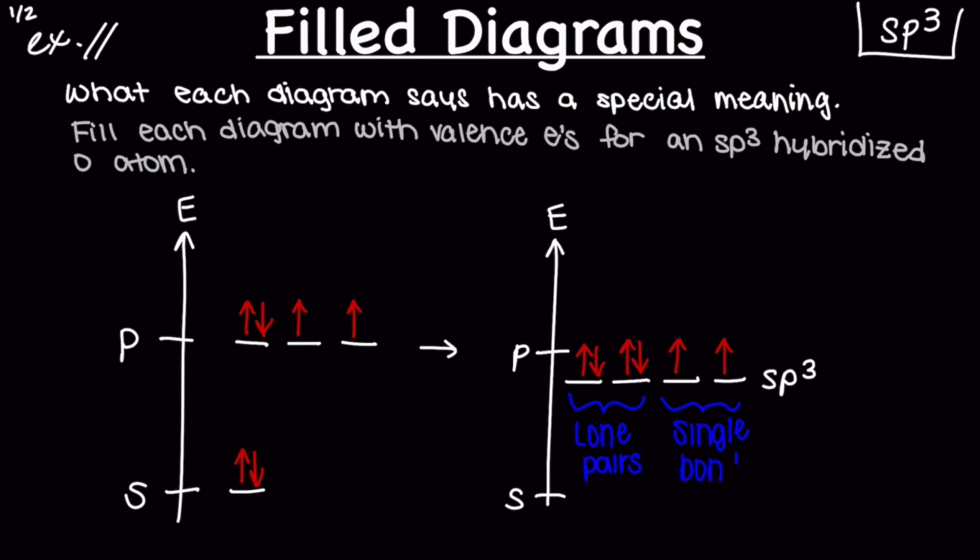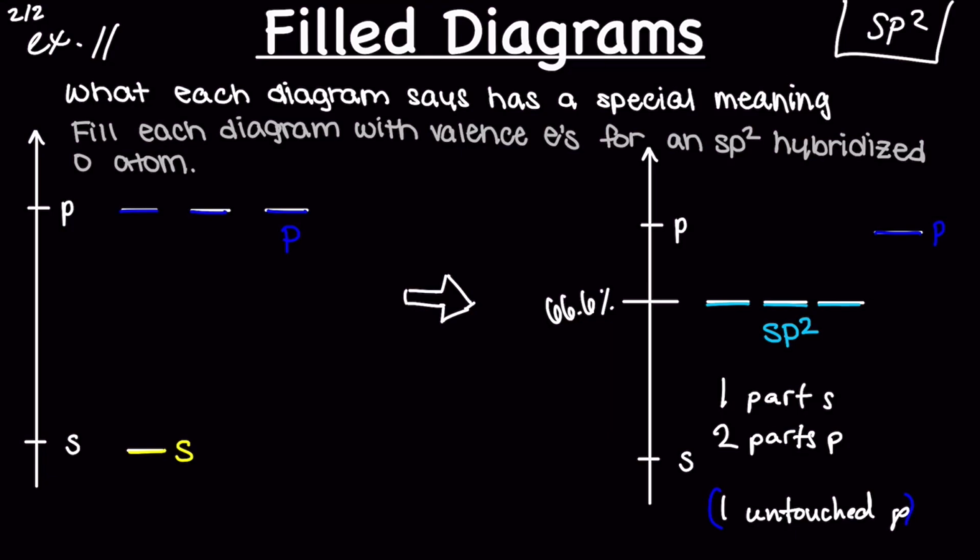Therefore, if we were to draw our oxygen atom, we would have two single bonds on either side of it and two lone pairs. And we can confirm this by counting the number of things on the atom. Here we have 1, 2, 3, 4 things on the atom. And if we have 4 things on the atom, that always means that our hybridization is sp3.